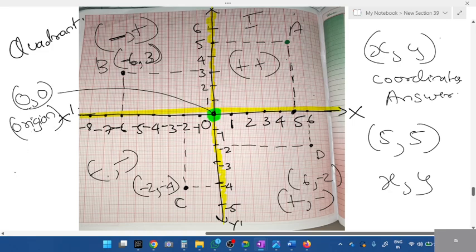In graphical representation of this coordinate system, everything will be represented in a bracket. One is x value, one is y value. So for origin, both are 0. 0, comma 0 is the value for origin.